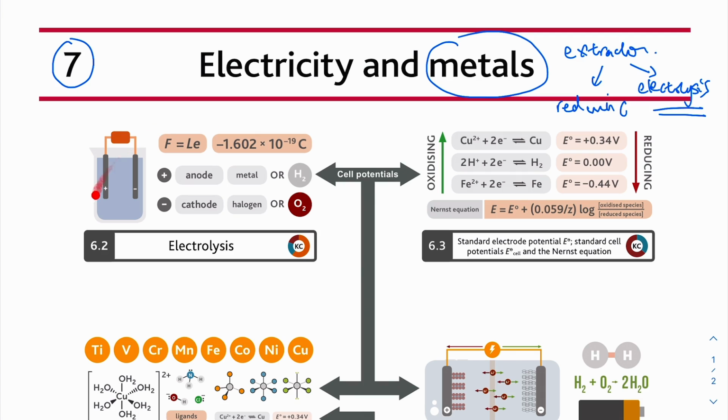So the idea of electrolysis revolves around this thing called the Faraday constant, the value of which is 96,500 if I'm not mistaken, right? So you can have a look at your data booklet. It's the charge that 1 mole of electrons will carry, coulomb per mole.